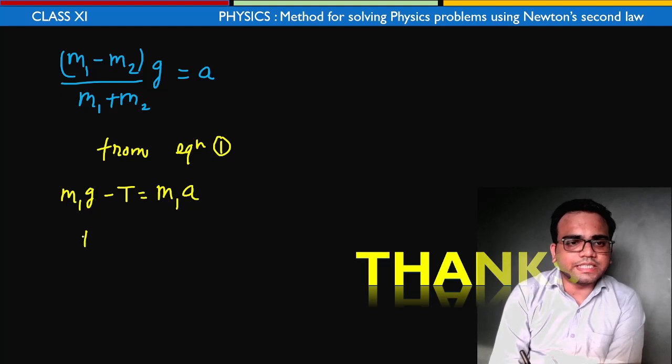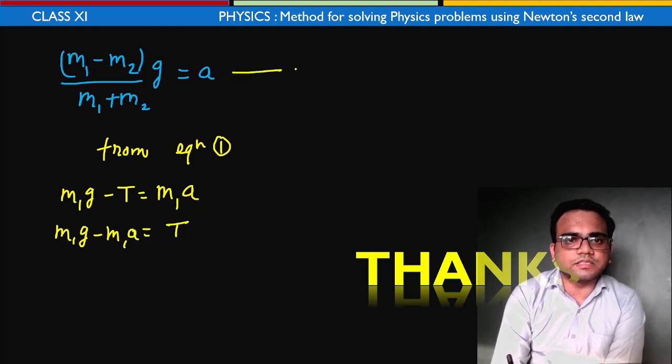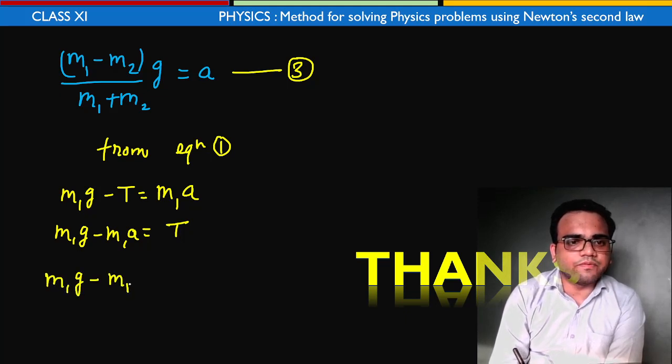So T is equal to, bring T to the right, m1g minus m1a. Put the value of a. What is the value of a? This is equation number 3. From equation 3 we can write the value of a.